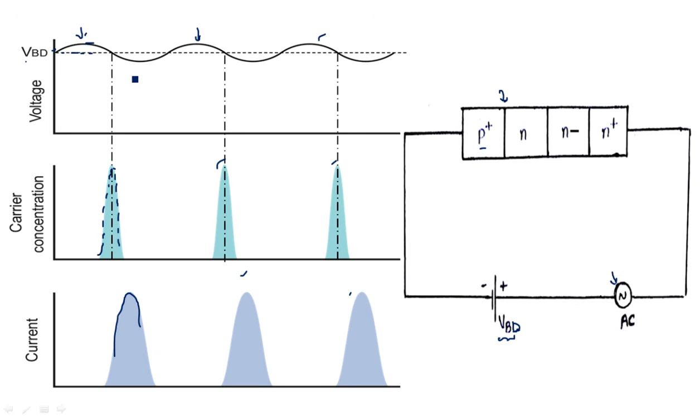Now if you observe this waveform, for the negative peak of the input voltage you are having positive current. Again here, here. This is the phase shift, or phase difference, between voltage and current.